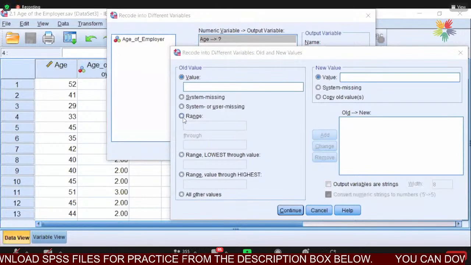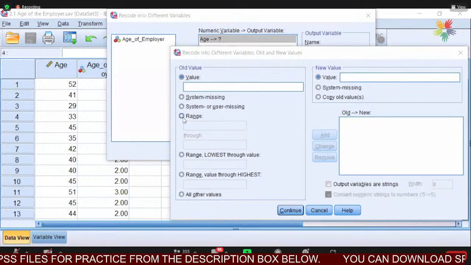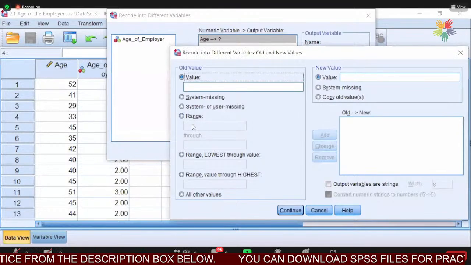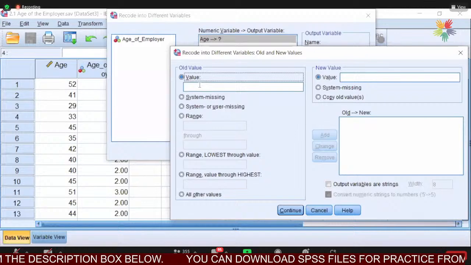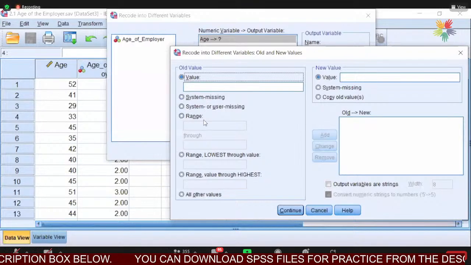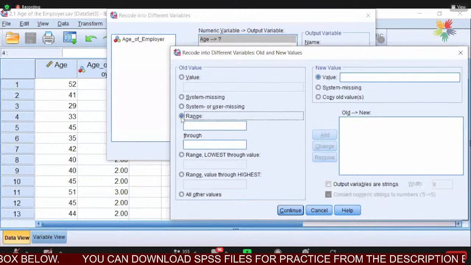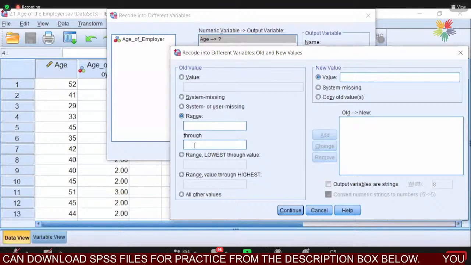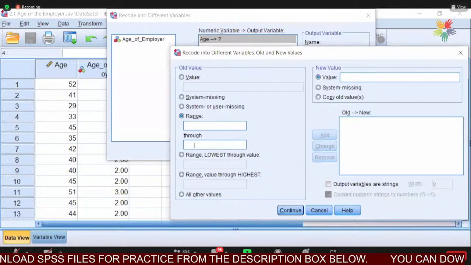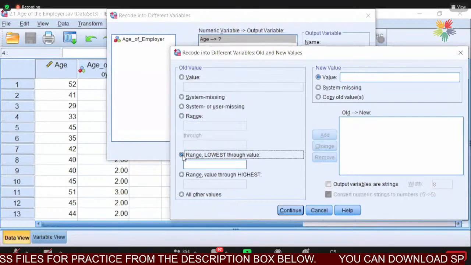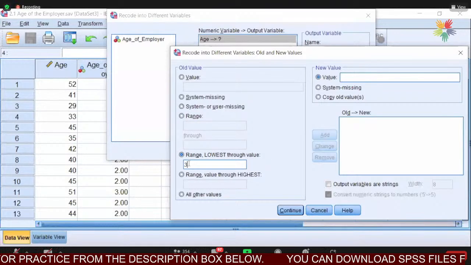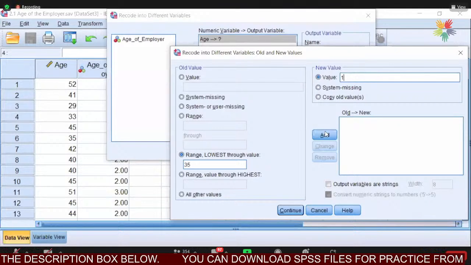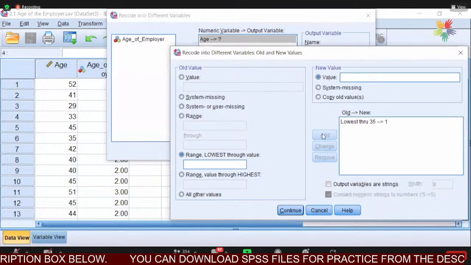Here, for the old value, you can use less than or greater than also. Let me put less than 35, lowest to less than 35. The new category is 1, add.